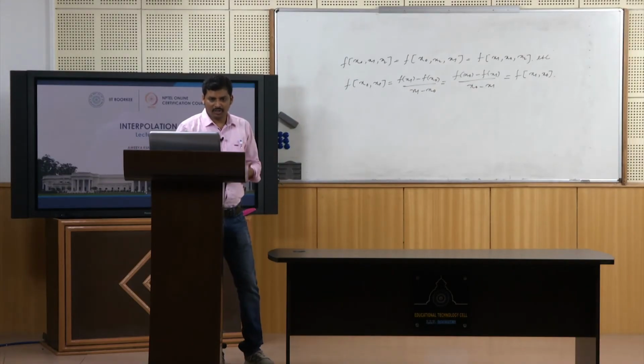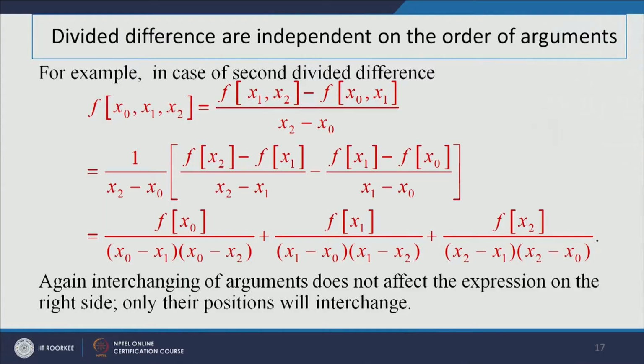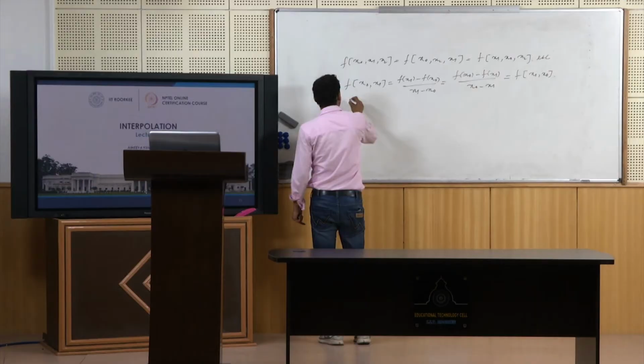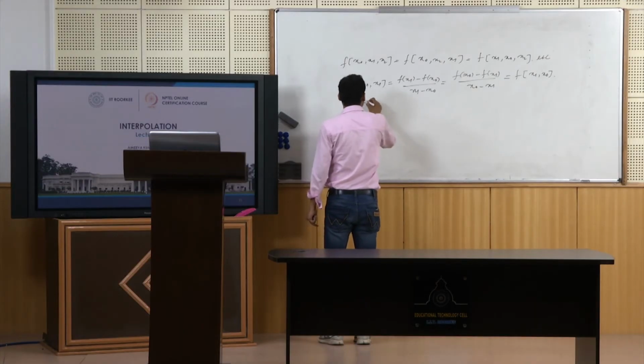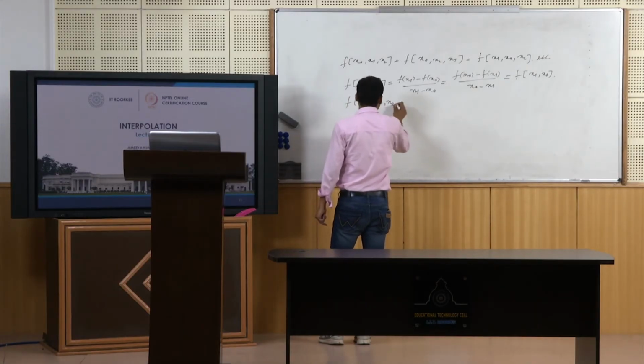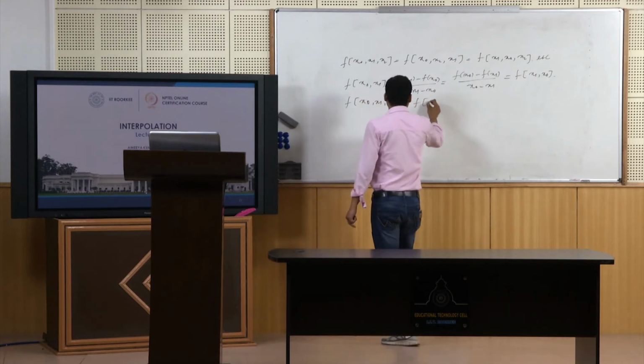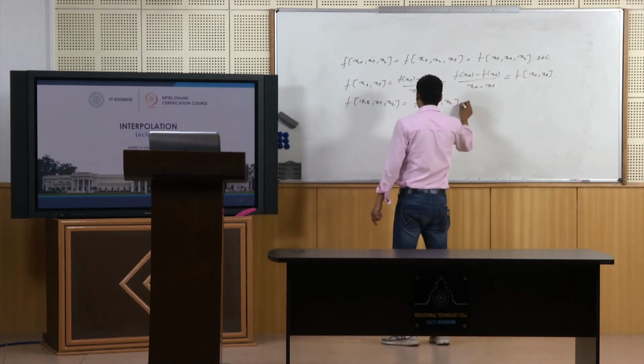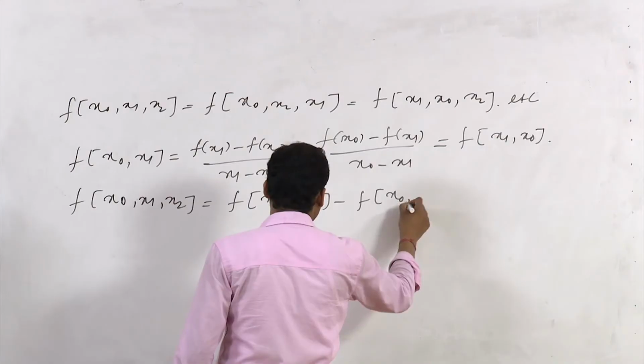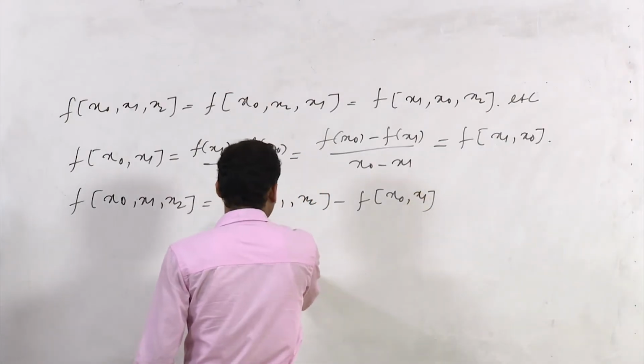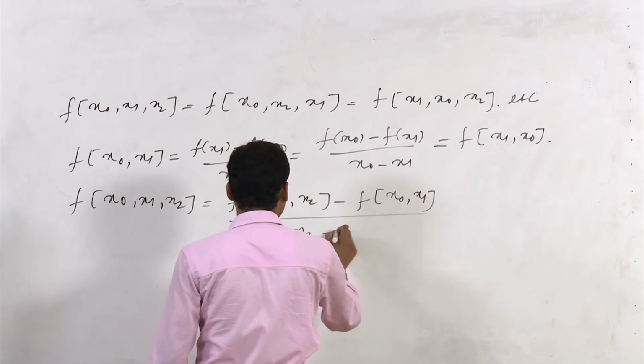So, for the second order divided difference, we find that f of x0, x1, x2 can be written as f of x1, x2 minus f of x0, x1 divided by x2 minus x0.